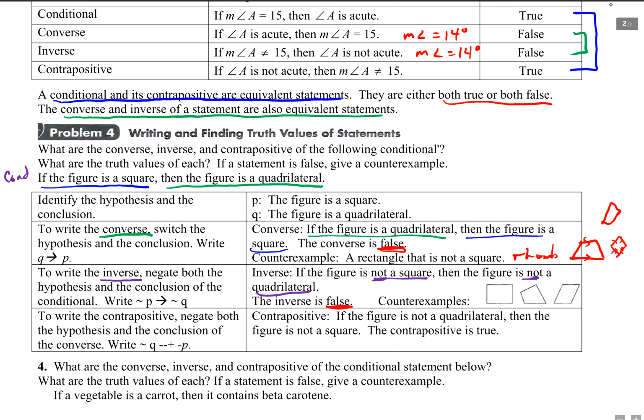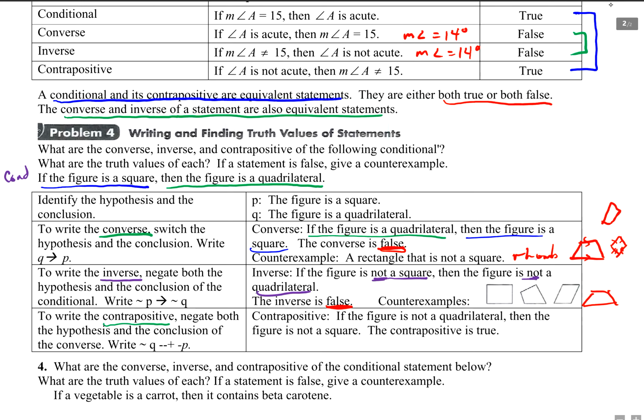We expect both of these to have the same truth value. And this one is false for the same reason: rectangle, random quadrilateral, parallelogram, rhombus, trapezoid, everything that we put up there. There are so many things that are a quadrilateral that are not a square. So if you're not a square, then you're not a quadrilateral. That is absolutely false.